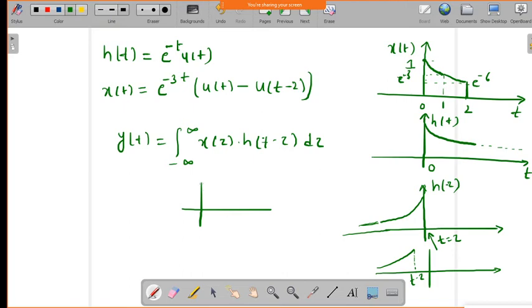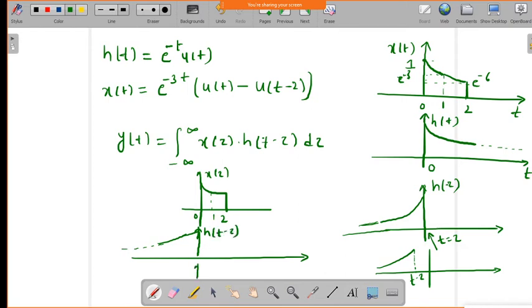Now, if you take this as x of tau, which exists from 0 to 2, and your h of t minus tau will be from minus infinity till the value t.